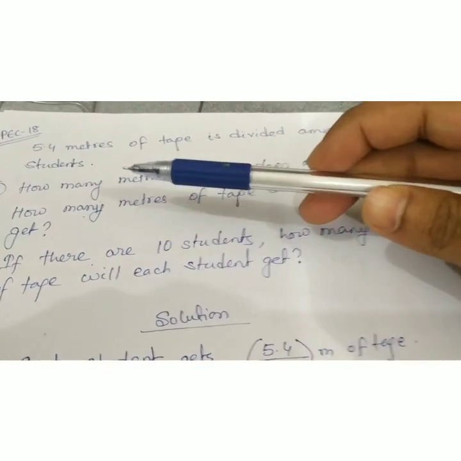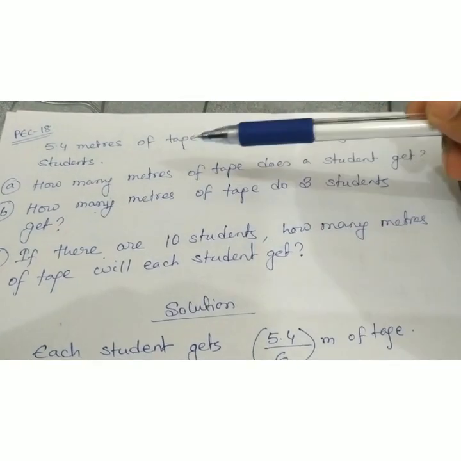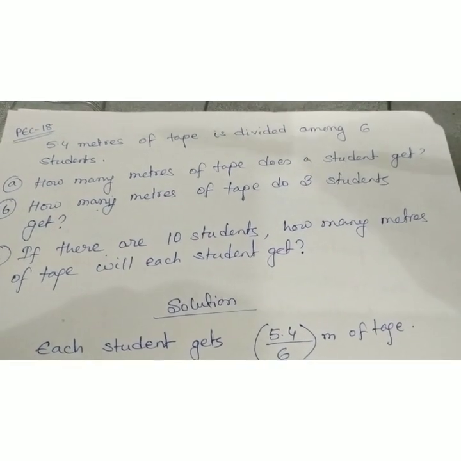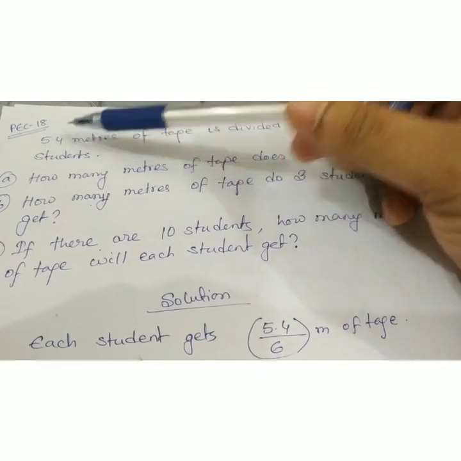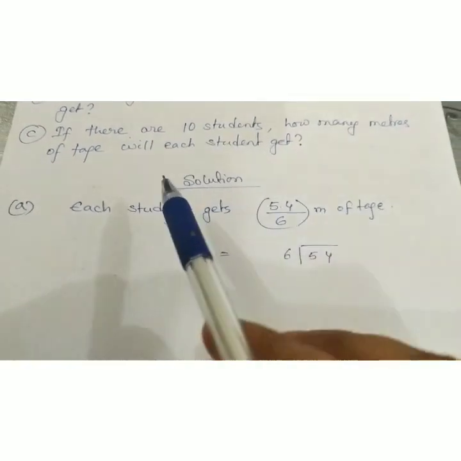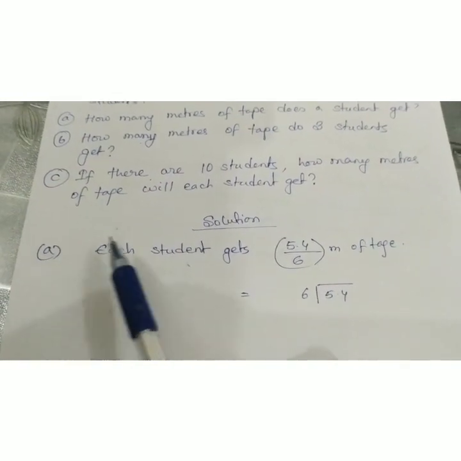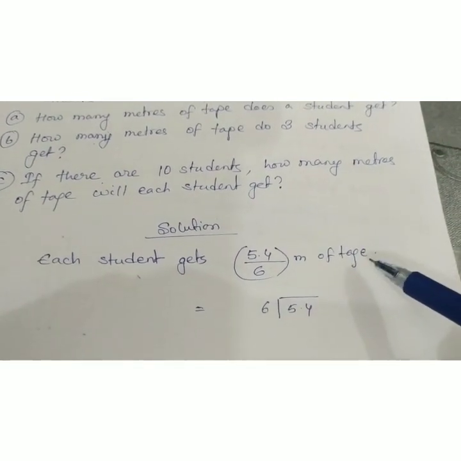Very easy. Since 5.4 meters of tape is divided among 6 students, how much tape will each student get? We just divide 5.4 meters of tape by 6. So this should be my solution. Each student gets 5.4 divided by 6 meter of tape.